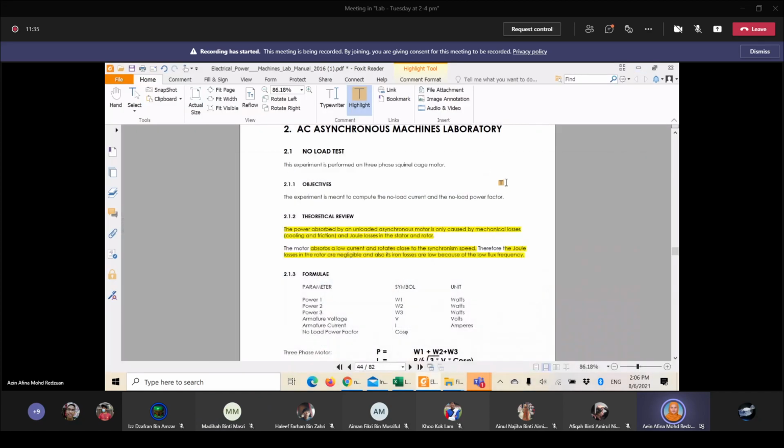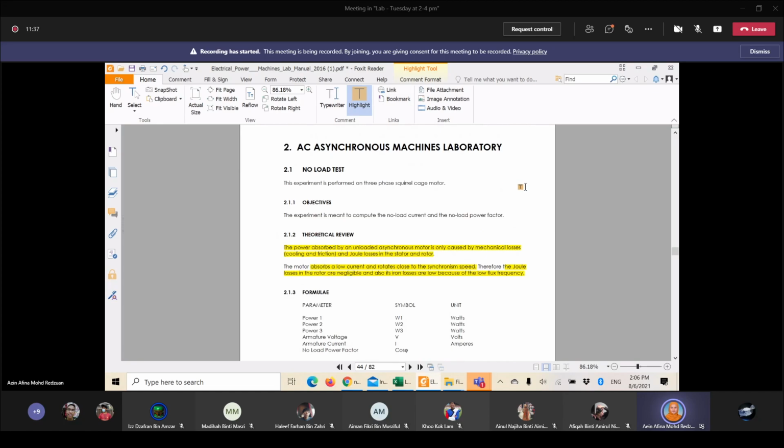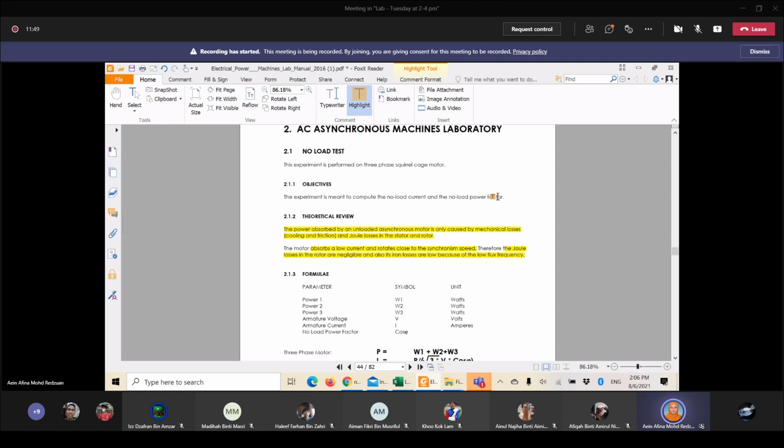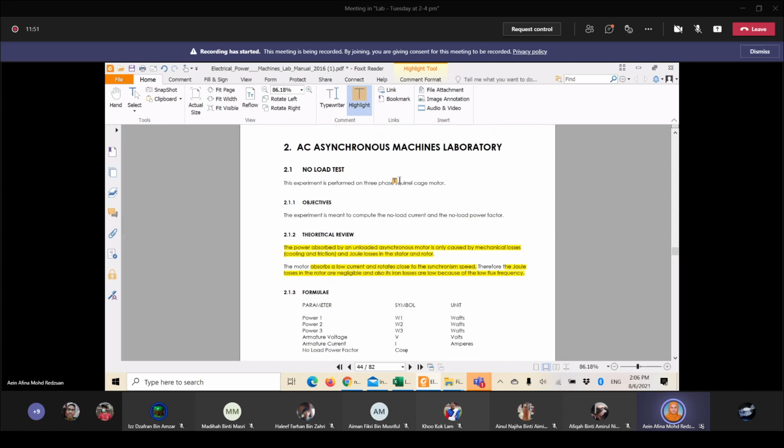Okay, so let's start. Today is the AC Asynchronous Machine Laboratory. Same as the previous experiment, there are three sub-experiments. First of all, 2.1 no load test.